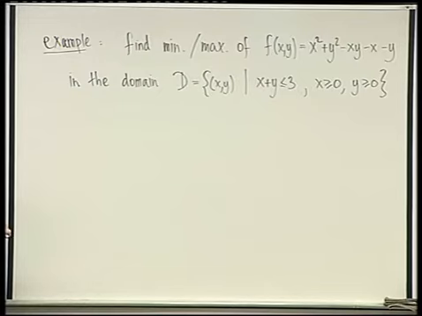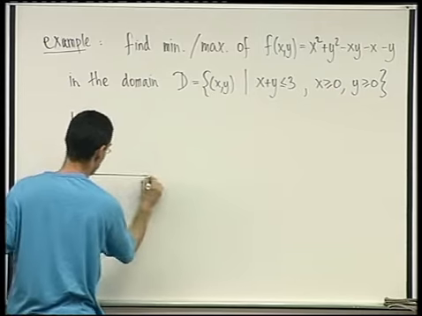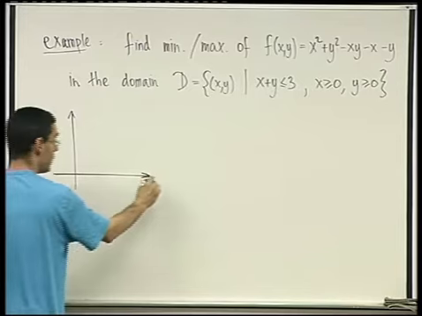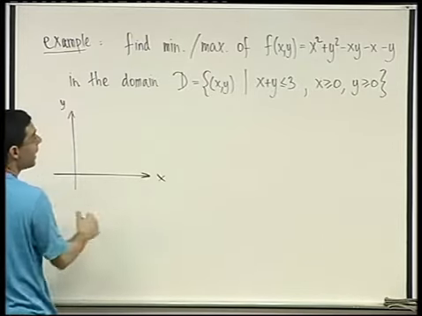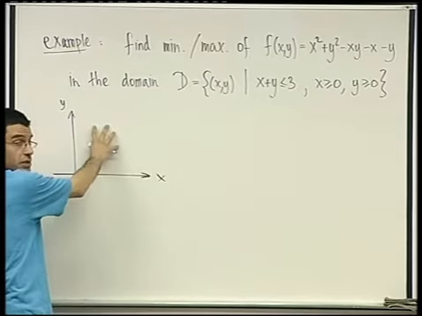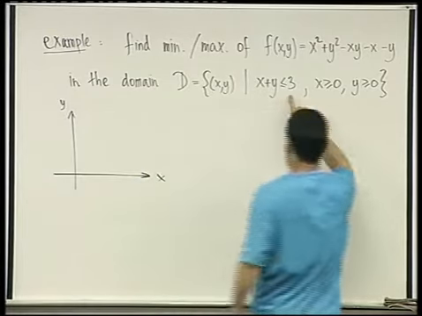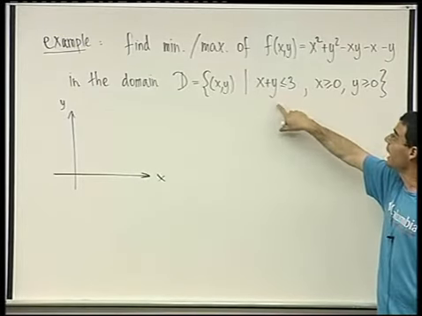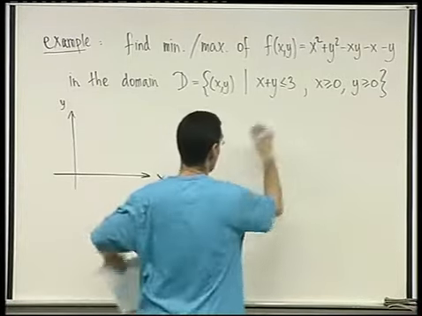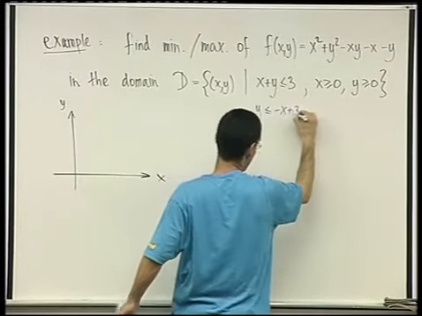So what do we have here? Let's draw D first. D is rather easy to draw in this case. So here's a bird's eye view of the xy plane, where the function is defined. And x greater than 0, y greater than 0 simply means that we live in this first quadrant, right? And x plus y is less than or equal to 3. That means, let's rewrite that, y is less than or equal to minus x plus 3.